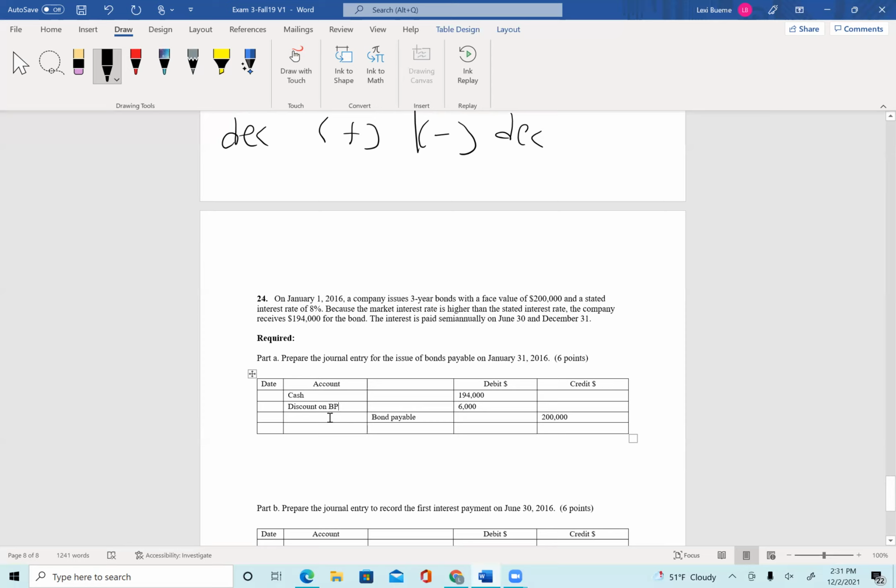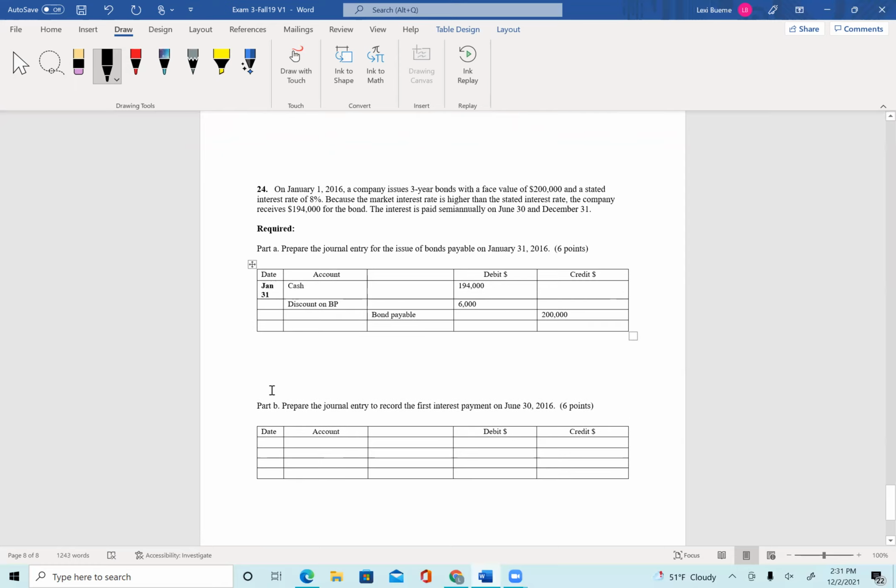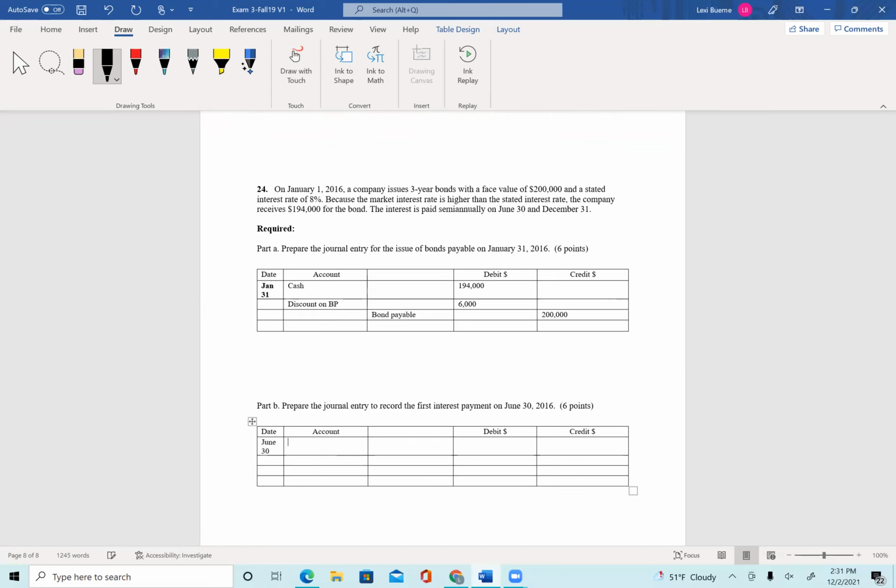Now we have to do this, and this is going to be January. Now we need June 30th. So we're recording the interest payment. This is going to be a standard journal entry for interest. It's going to be interest expense. And we'll also need another discount on bonds payable and cash.